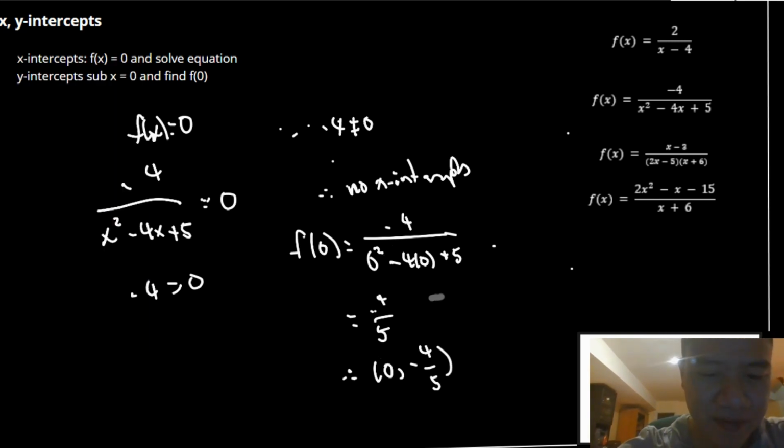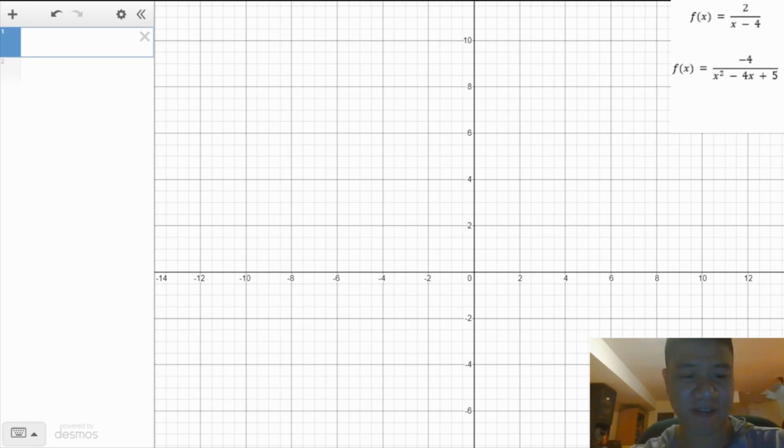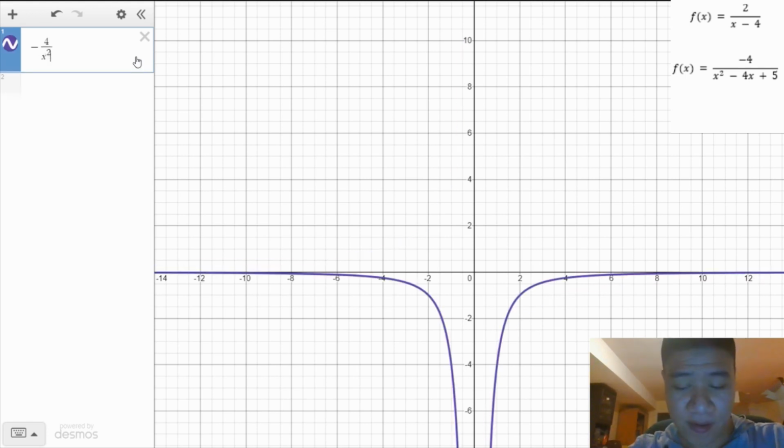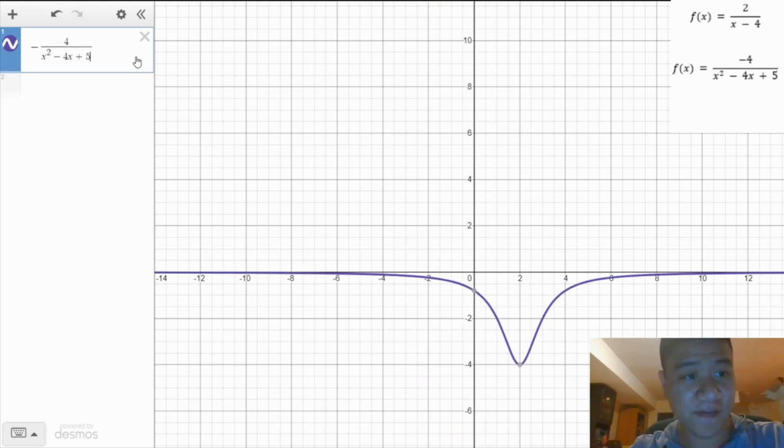Okay, so let's graph these. Let's type in the one that we just did, that's x squared minus 4x plus 5. Nice, here we go. As you can see, our function does not have any x-intercepts, as we foretold.